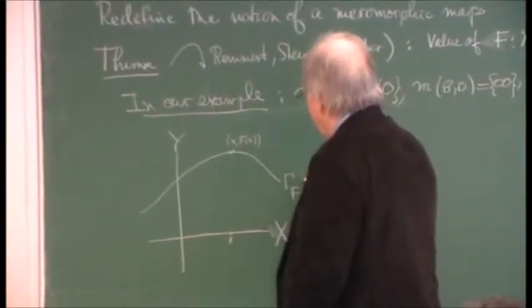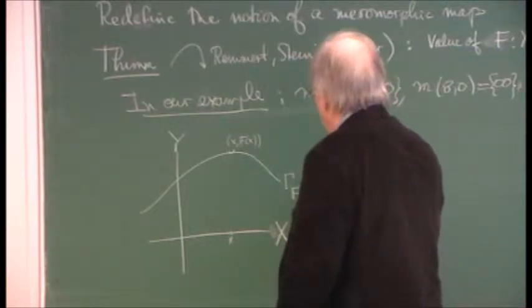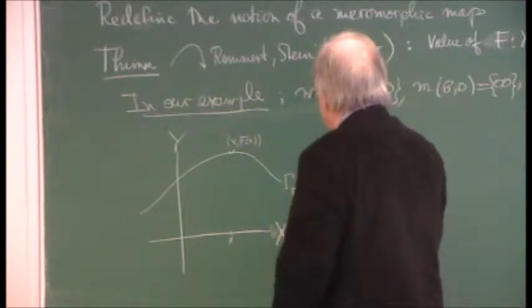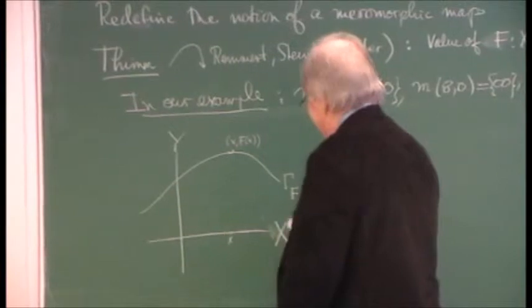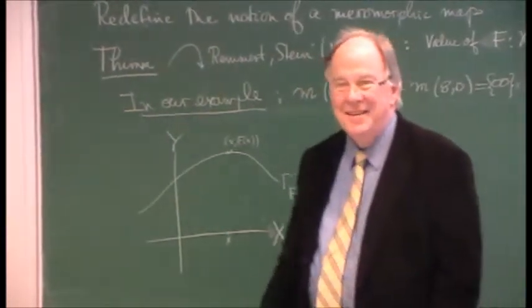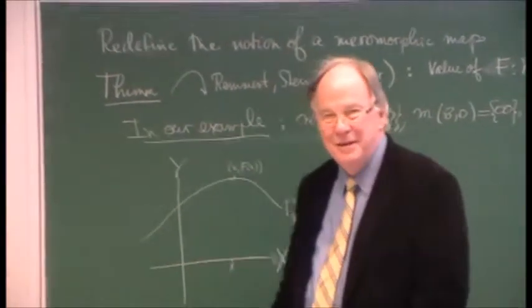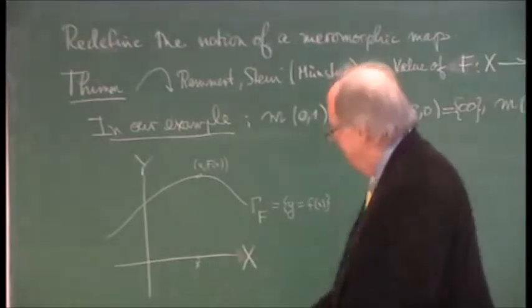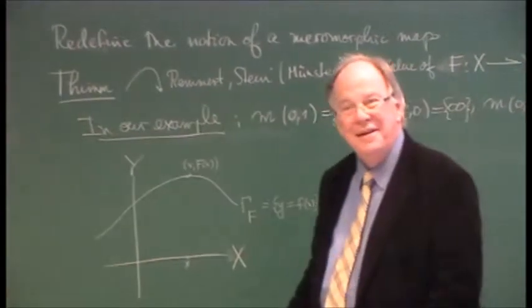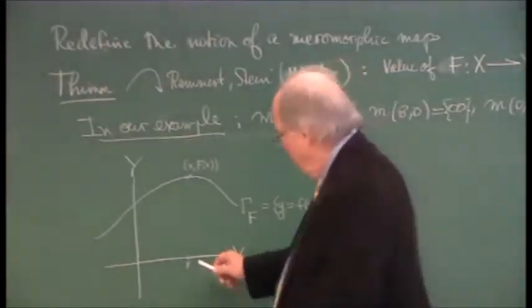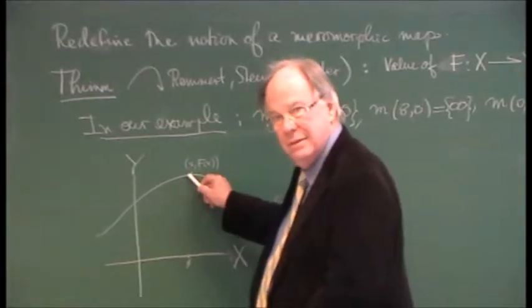And then you think that this graph is a graph y equals f of x, right? Okay, that's what you did in the 8th grade. But now we're in the 9th grade, and y is a set. So over x you have a set.